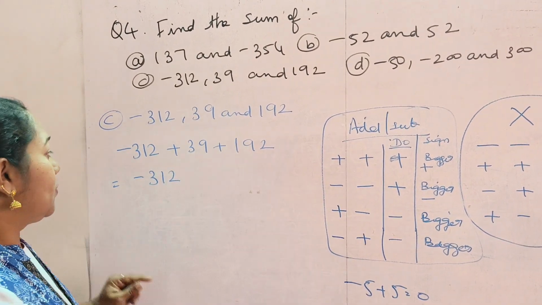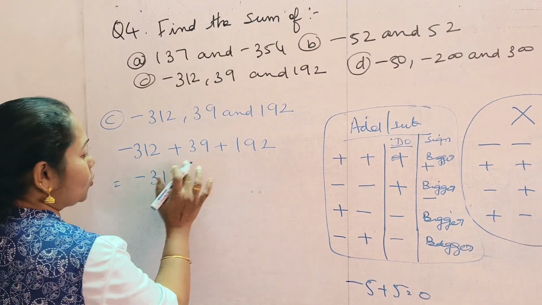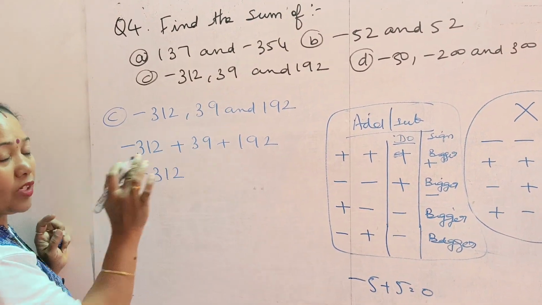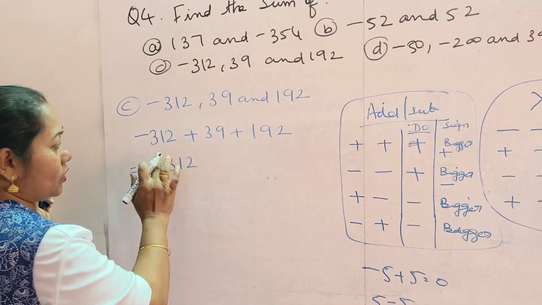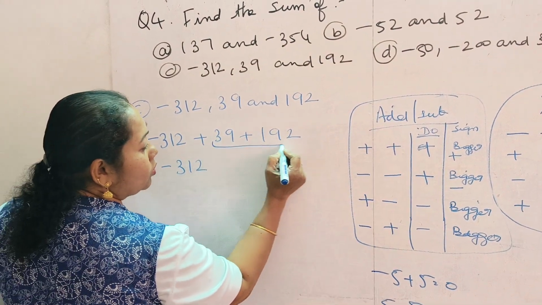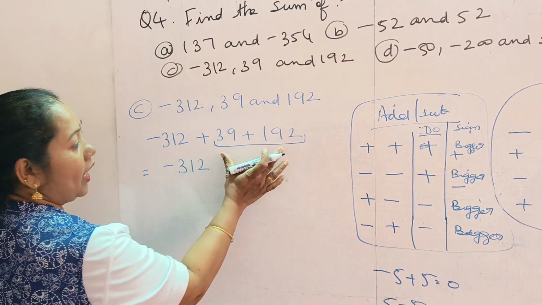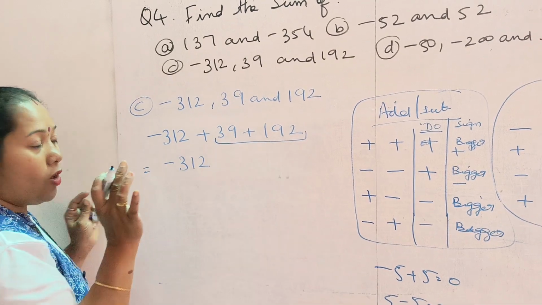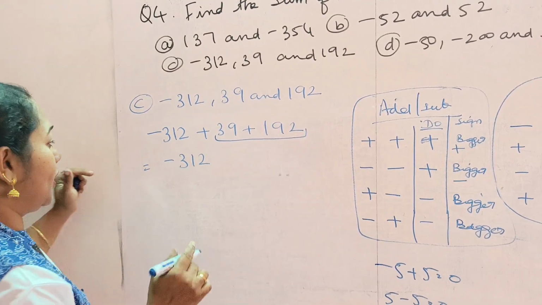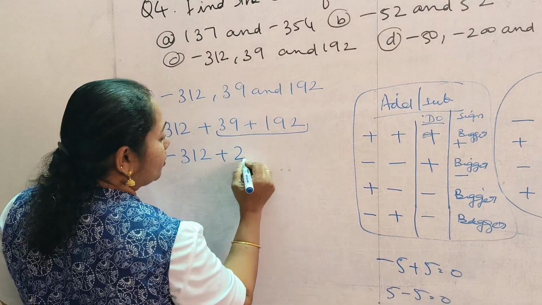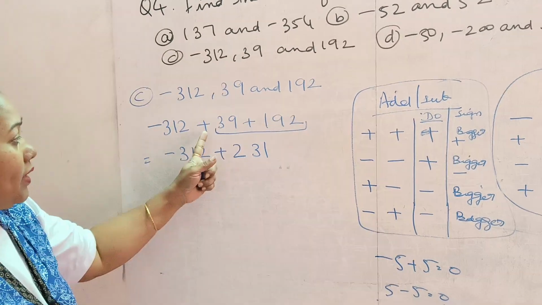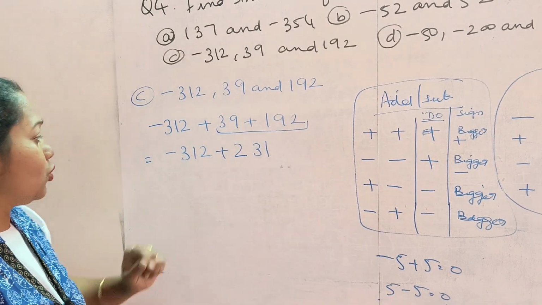That would be better. Otherwise you can do it the other way also. First let us do this one. Both are of plus sign, so we can directly add both these numbers: 39 plus 192 is 231.